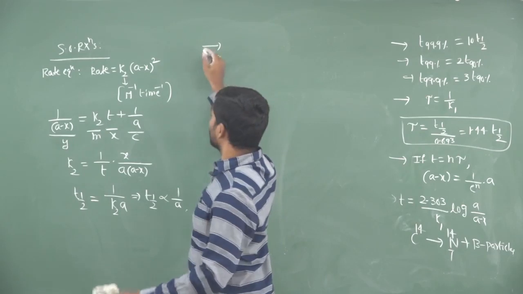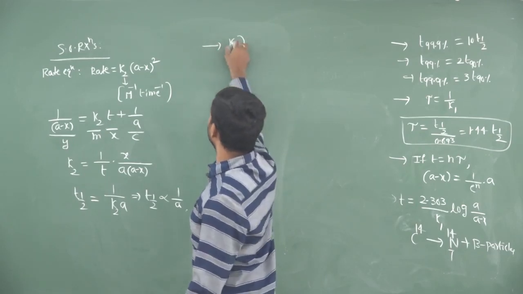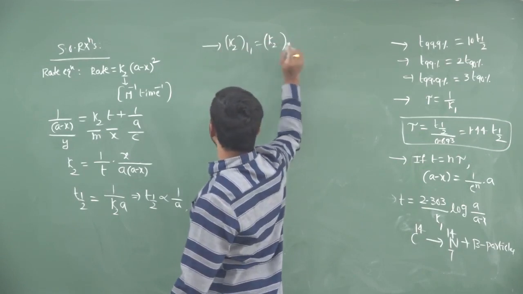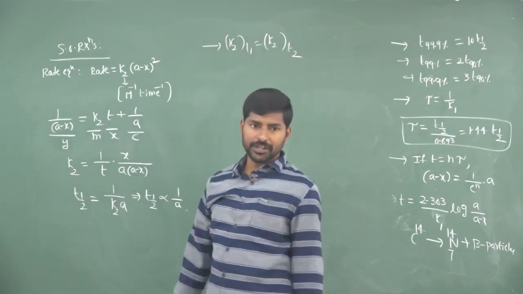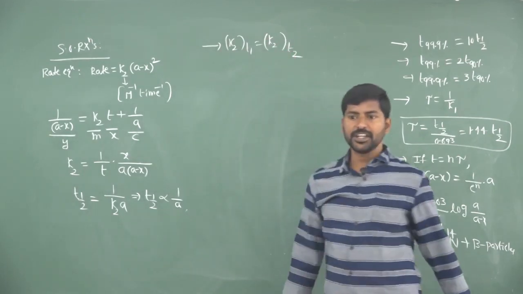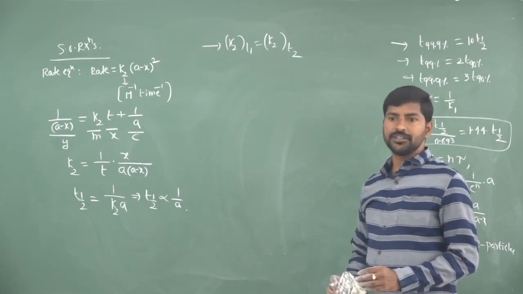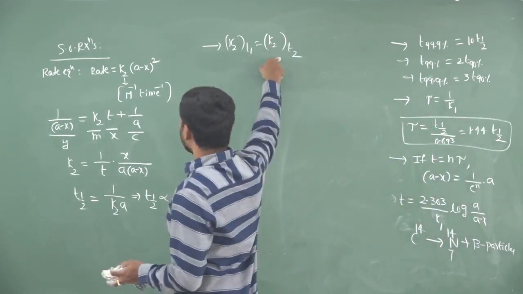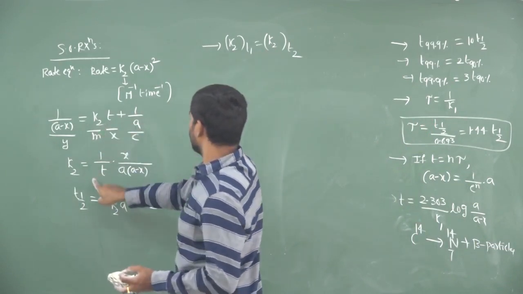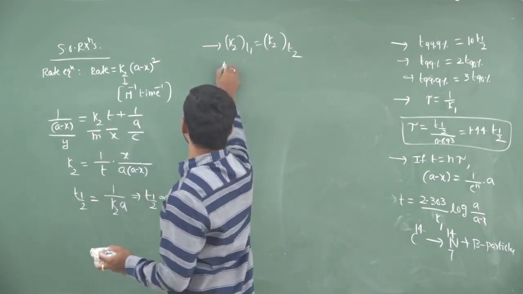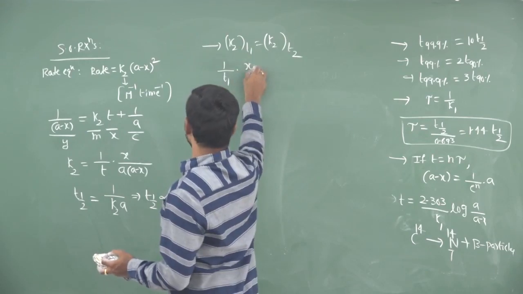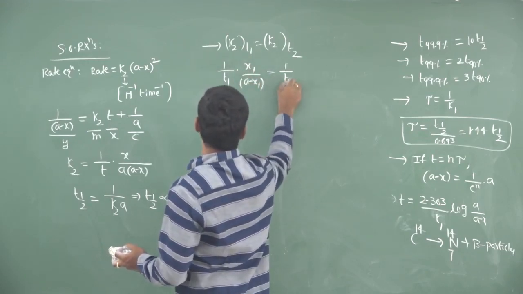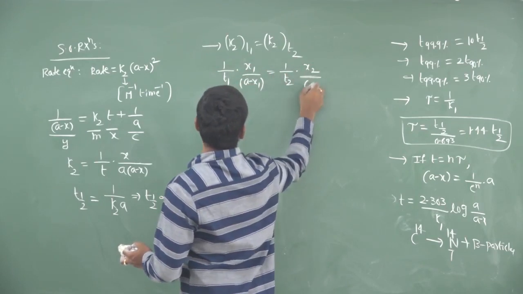Now if you apply that, K2 at time t1 is equal to K2 at time t2. K is independent of what? Time for a given reaction. You may calculate at any time, the rate constant we get is the same. K2 at time t1 and K2 at time t2, if you apply, what do we get from this equation? 1 by t1 into x1 by A minus x1 is equal to 1 by t2 into x2 by A minus x2.